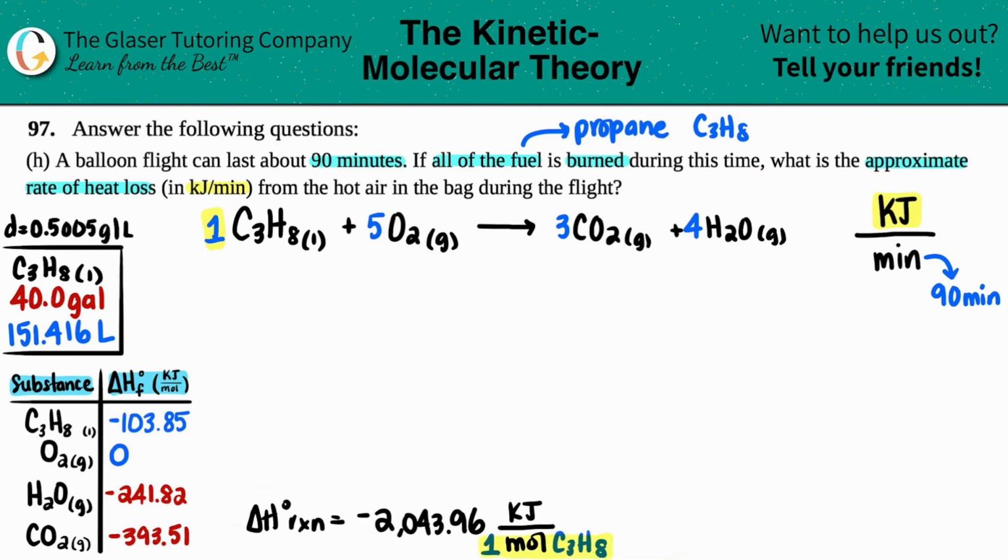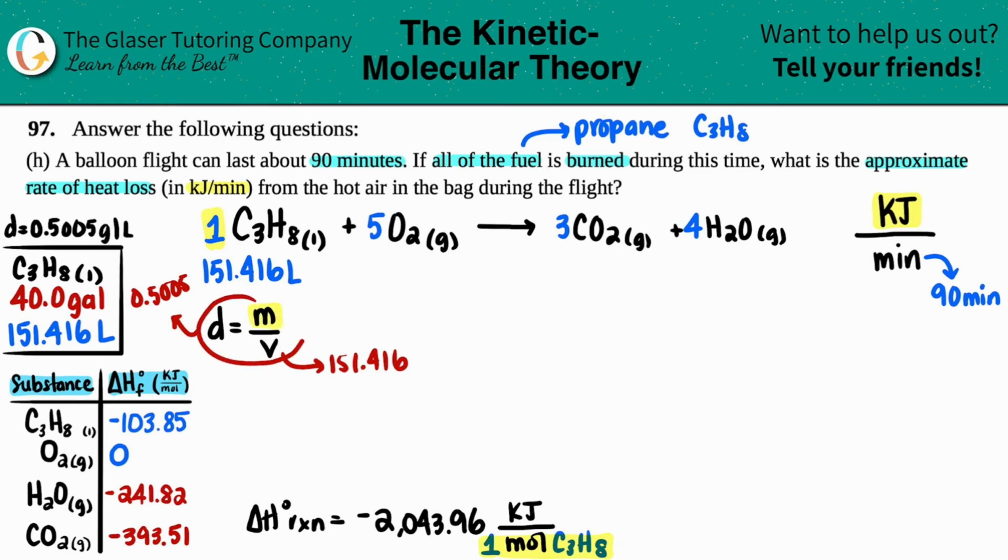But now remember that we started off with 151.416 liters. And the question is, I want to find out how many moles this is. Well, they gave me a volume. They gave me a density. Remember the formula, D equals M over V. If I have the density value of 0.5005 and my volume is 151.416, I can solve for the mass, right?